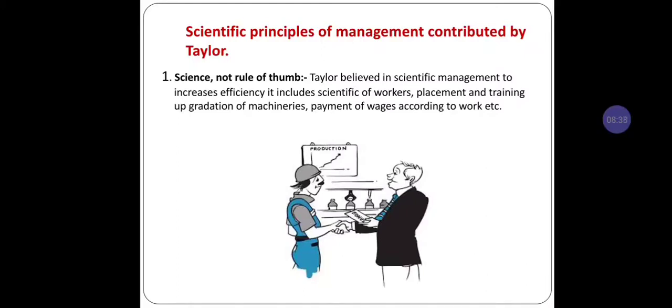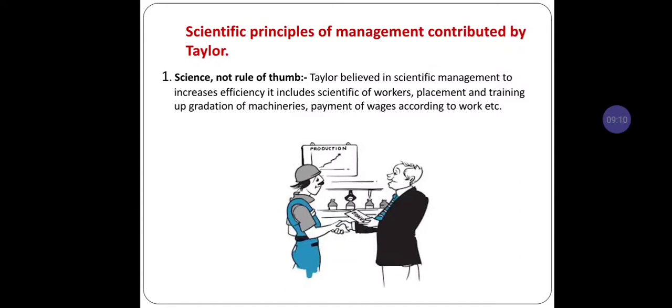Before appointing workers, you should check whether they are skilled or unskilled. Taylor is telling that when you appoint workers, you have to follow the scientific way, and also give training, and use modern technology. With modern technology we can increase production and also give better wages.